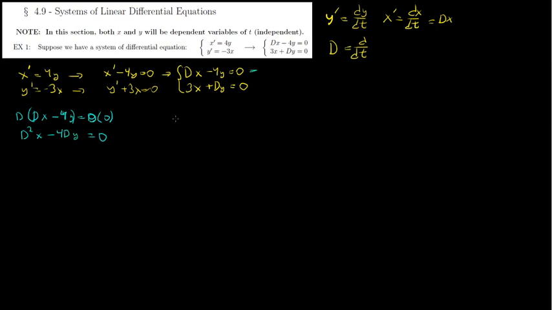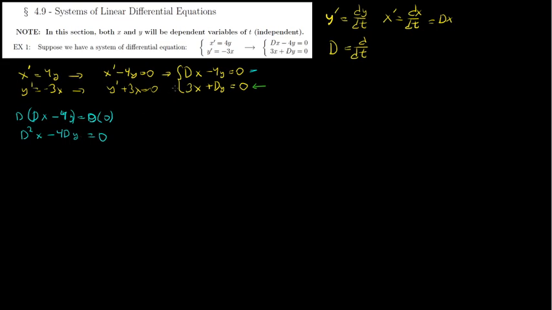Now what about the second equation? We do want to multiply the second equation, because we want to eliminate the y here. We have positive Dy and we have negative 4 Dy.